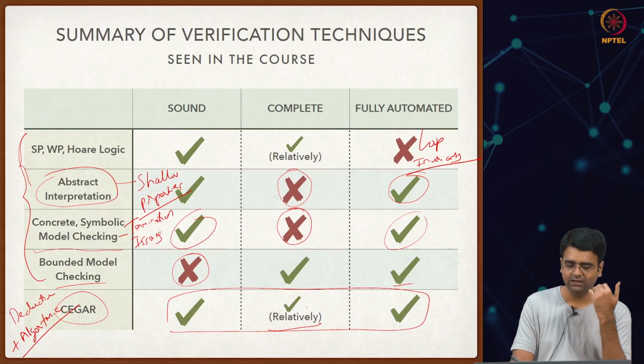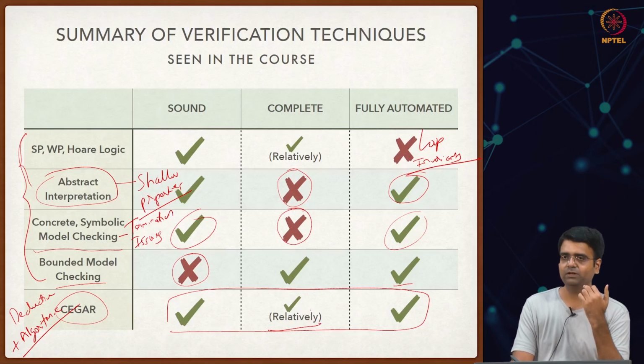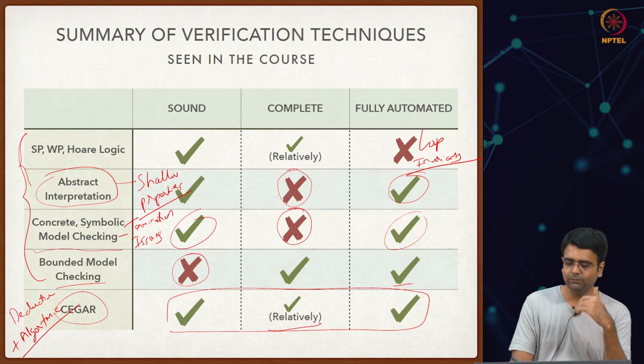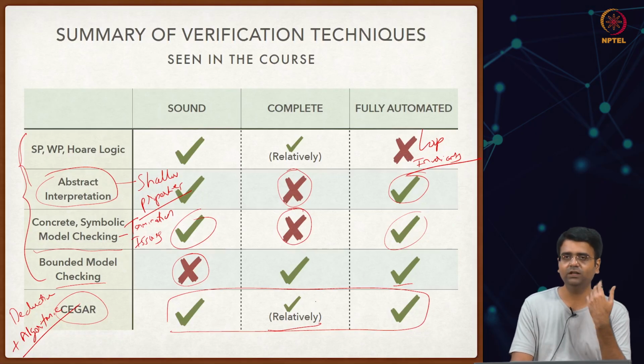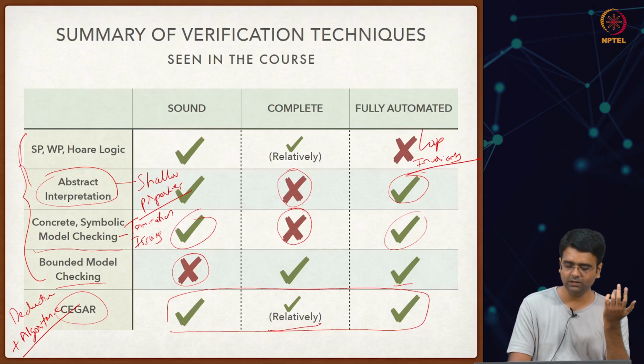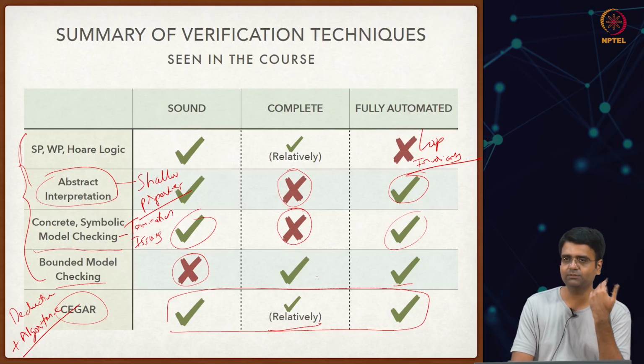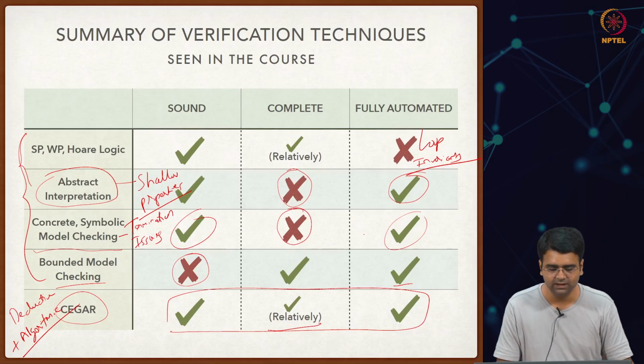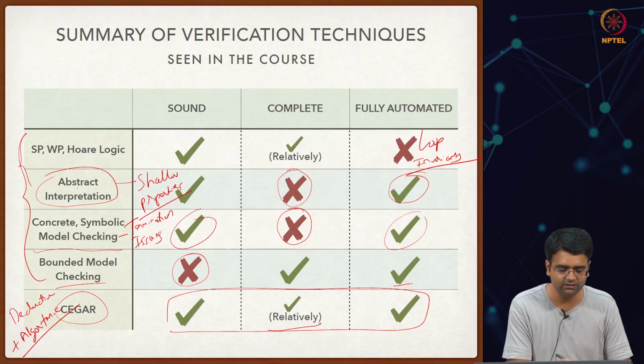So if you want guaranteed termination, then you have to restrict the space of predicates, and therefore if the program can be verified to be correct within the restricted space of predicates, then CEGAR is guaranteed to verify such a program. Okay. So CEGAR is fast, it is efficient, and it can also verify arbitrarily complex specifications of programs, or at least more complex than those which are verified by abstract interpretation.